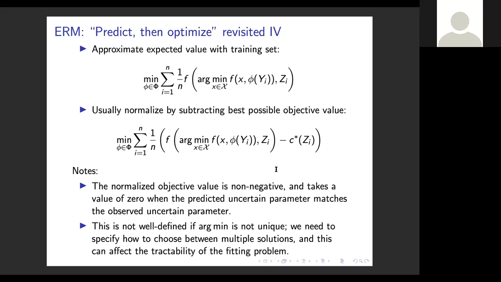Right. But again, it's not clear that this actually works. Like it's not clear that you can actually compress a distribution to a single point. That's one of the big open questions about this approach.